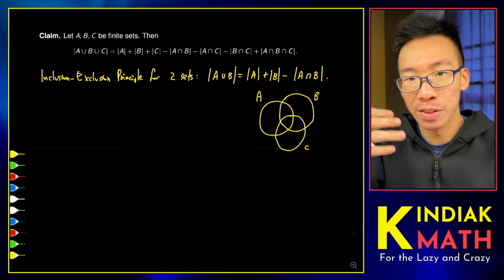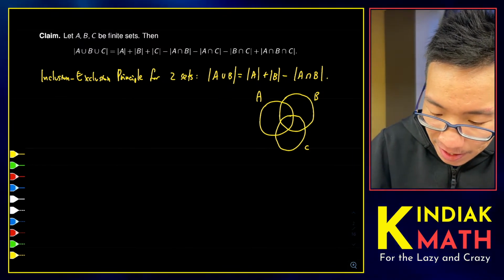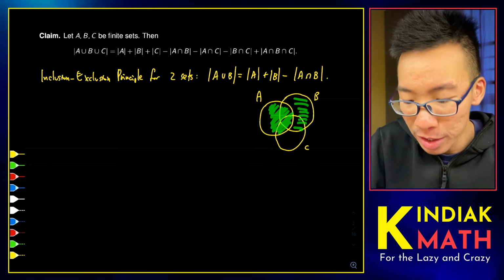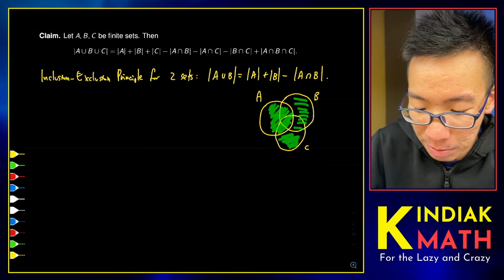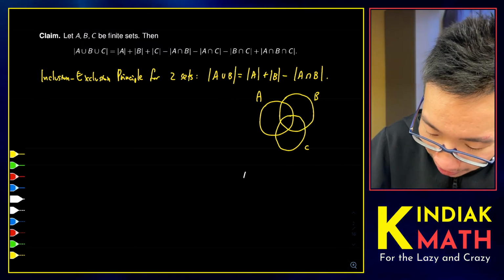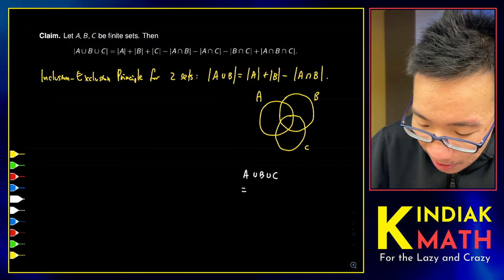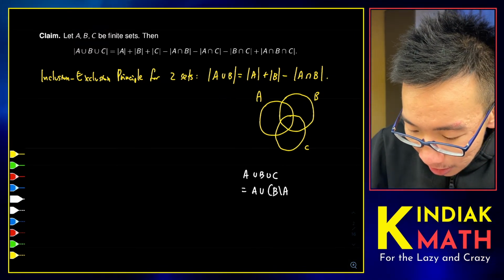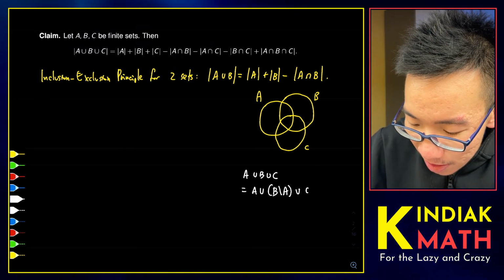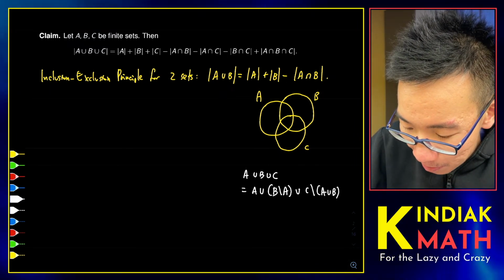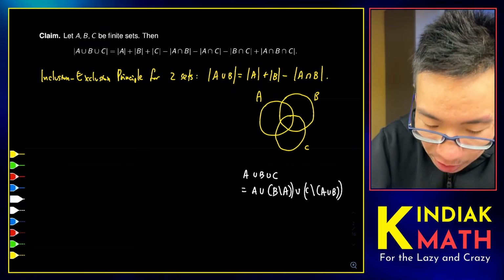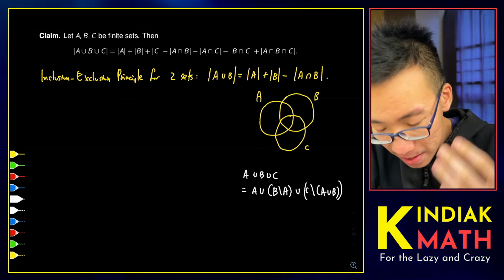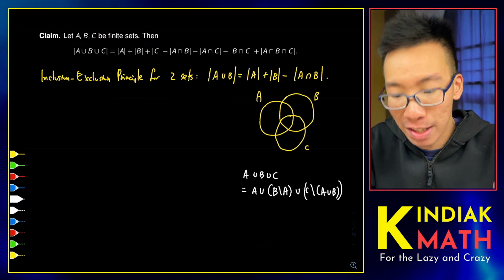If you want to go ahead directly, you can write this as A union B excluding A union C excluding all of A union B. So more precisely, you could write A union B union C as A union B excluding A union C excluding A union B. Correct? And you could literally apply the same reasonings and slowly work your way through. That being said, the algebra would still get rather clunky.